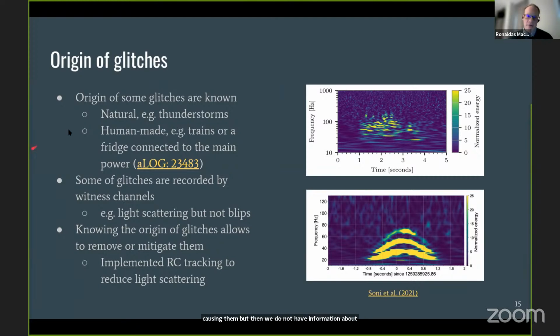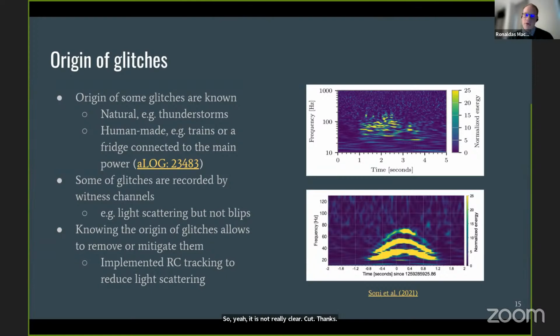For example, light scattering glitches are called that because we know what is causing them. It is caused by light bouncing in the beam, and we found that by looking at the witness channels. But for example, blip glitches that I'll show you later, we do not really know what is causing them. So it is not a clear-cut thing for glitches. For some glitches, we know what is happening. For some other glitches, we do not really know what is happening.